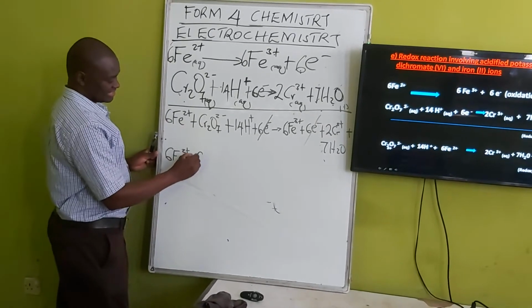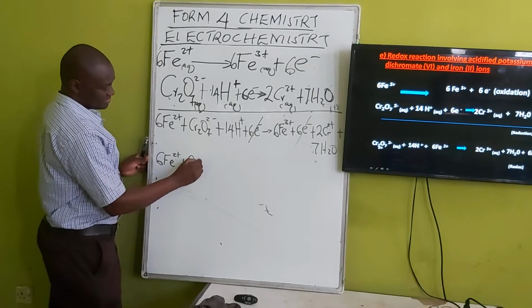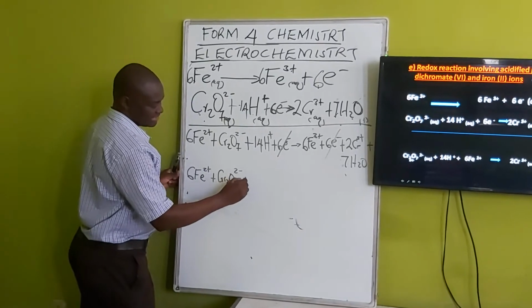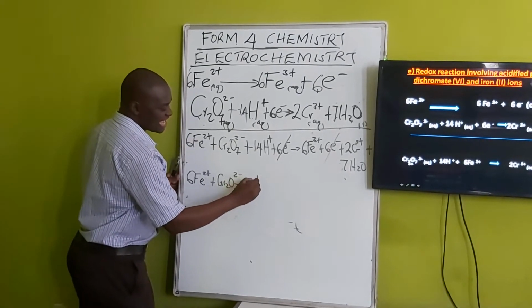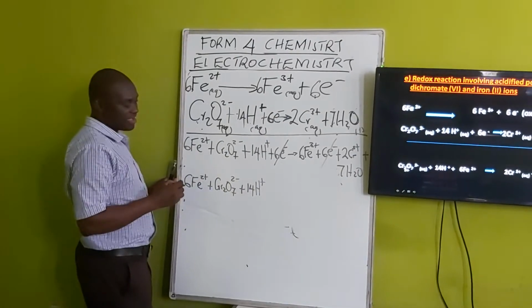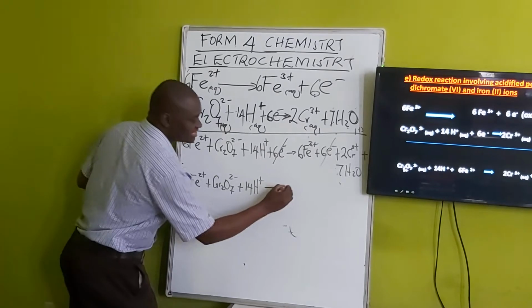plus the dichromate ion plus 14 hydrogen ions. 14 hydrogen ions to give what?